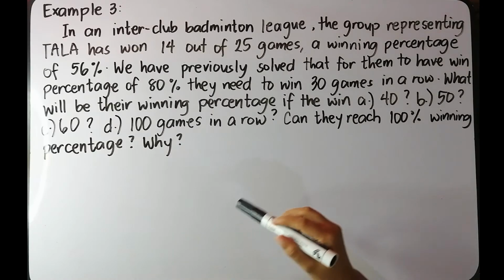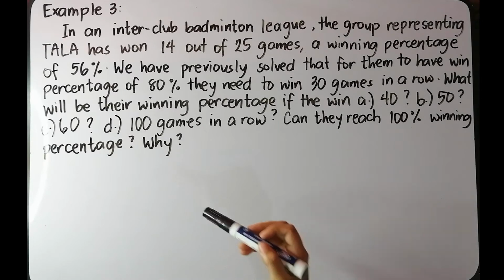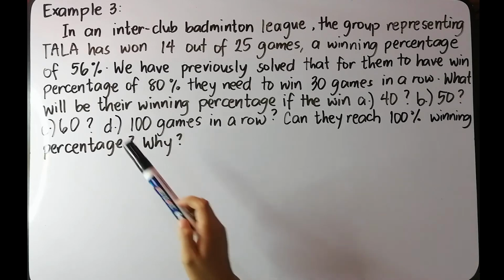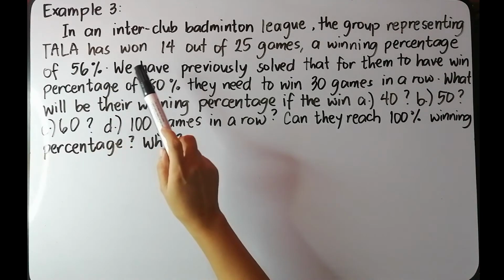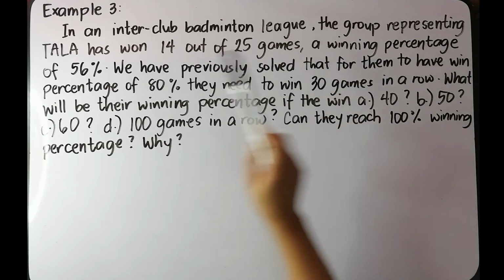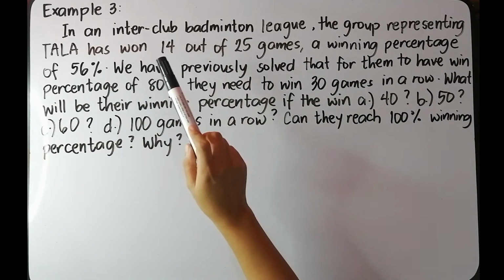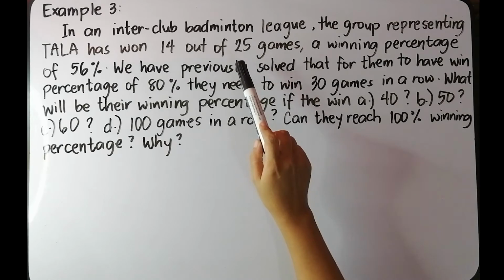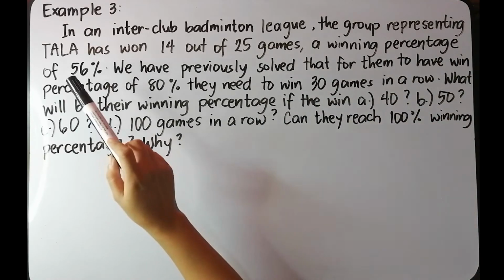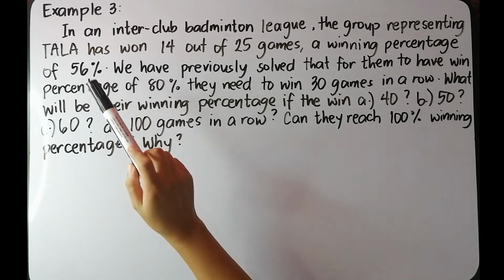So let us have this last example in solving problems involving rational functions. Example 3: in an inter-club badminton league, the group representing Tala has won 14 out of 25 games with a winning percentage of 56%.